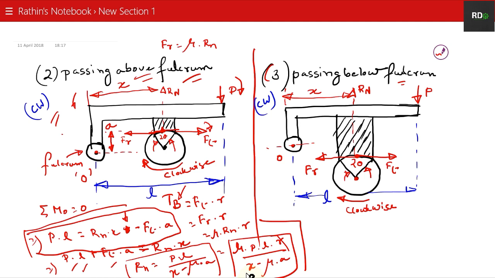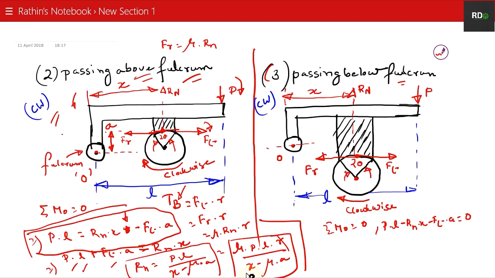In this case, as you can see, the braking force is passing below the fulcrum. This is your fulcrum O. So taking moment about O, it will give us again like that. If you just sort out the equations, it will be simple: P into L, then Rn into X minus Ft into A is equal to 0.